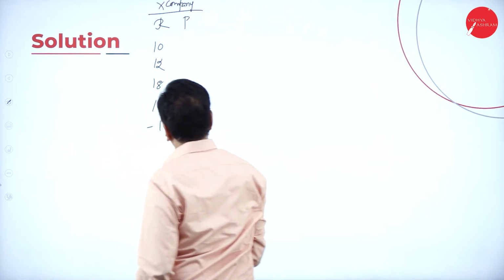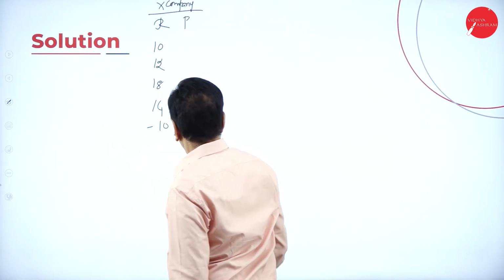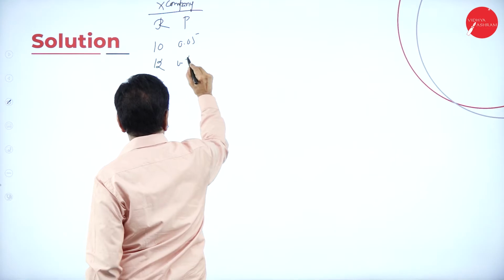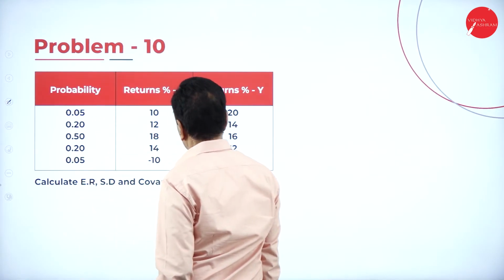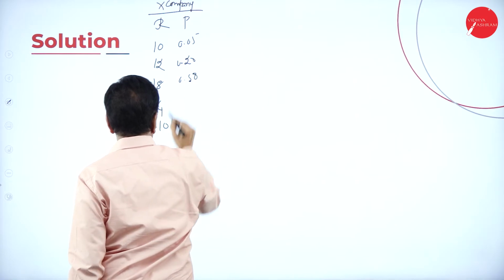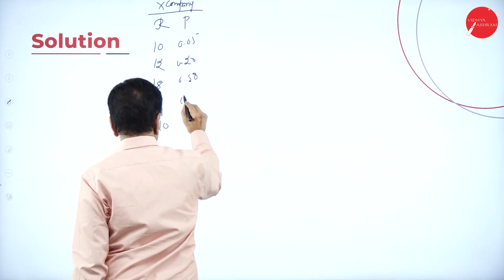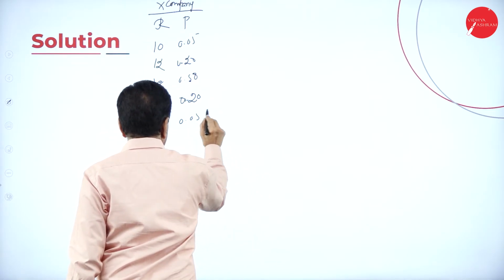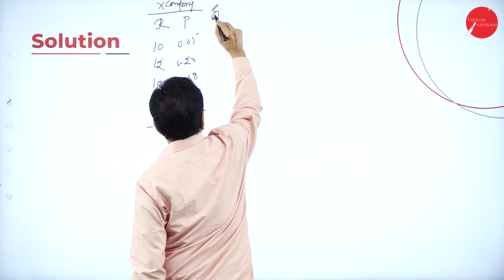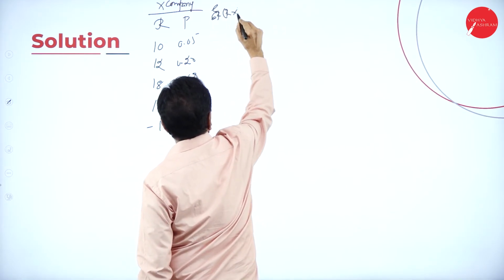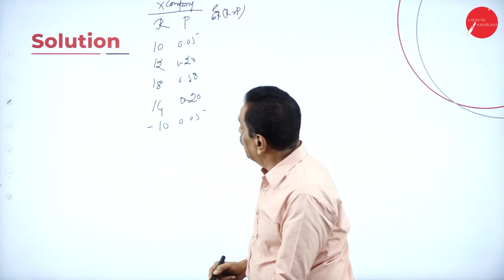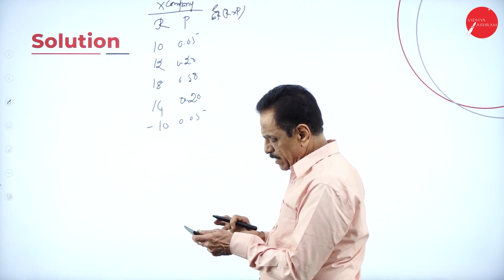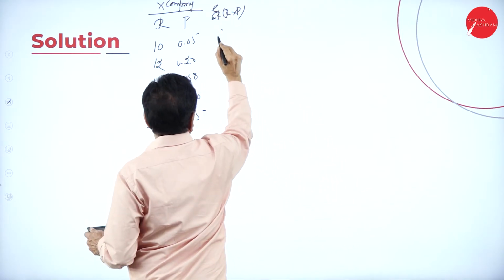Then your probability: 0.05, 0.20, 0.50, 0.20, 0.05. Expected return is R into P: 10 into 0.05 is 0.5.